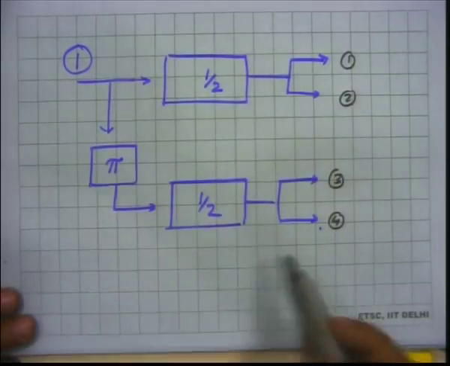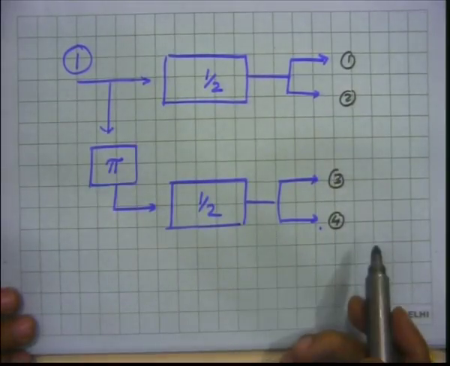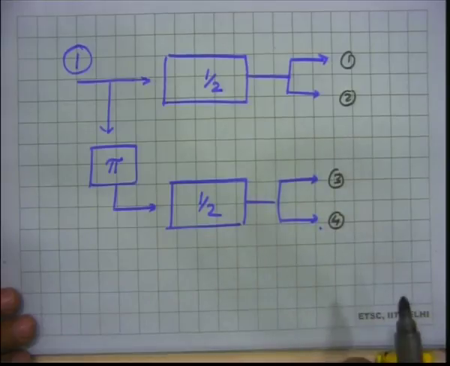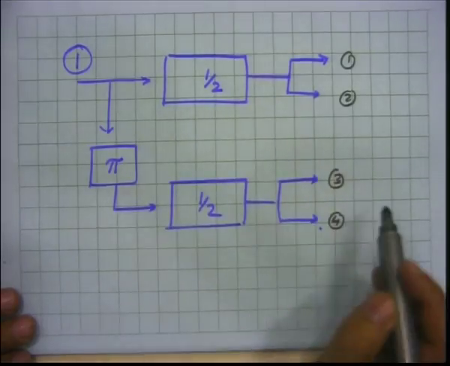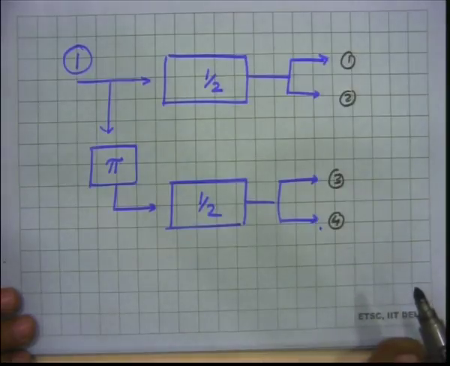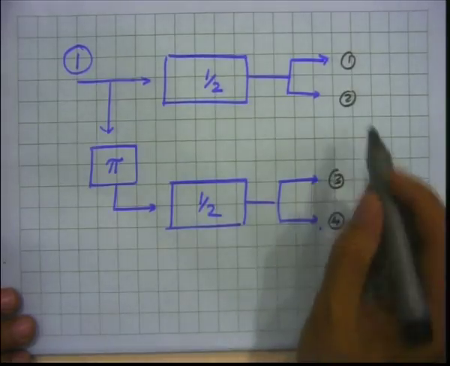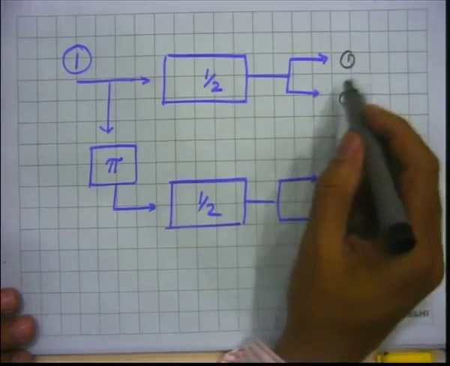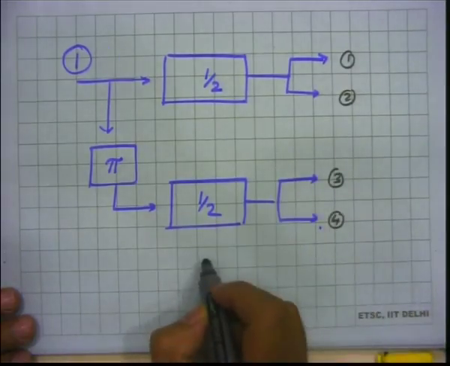Now, this is pretty expensive in terms of the extra bits we are padding, because we are resulting in rate 1 by 4. So, it is possible to, so to say, drop bits at random, which is called puncturing.